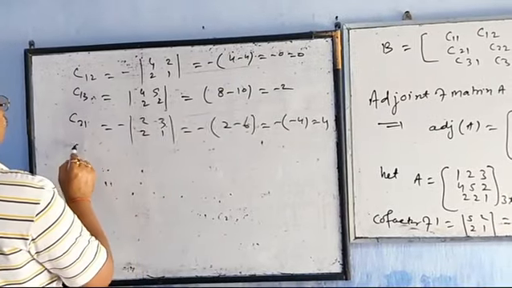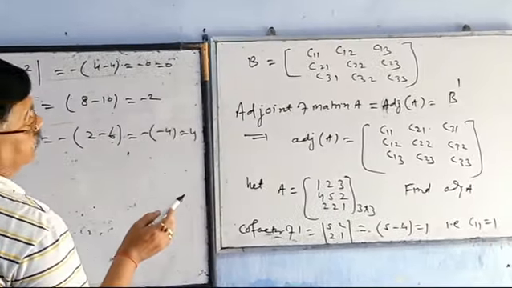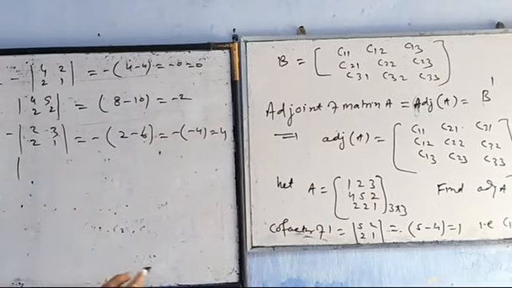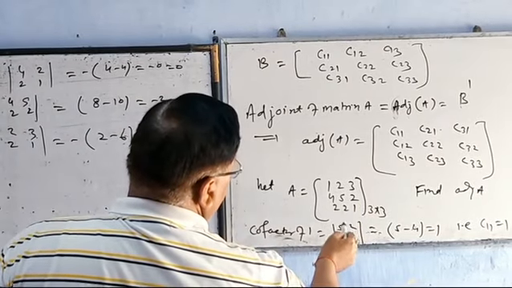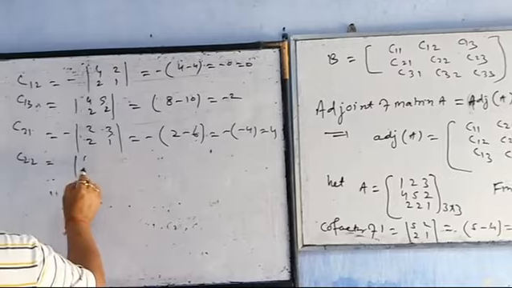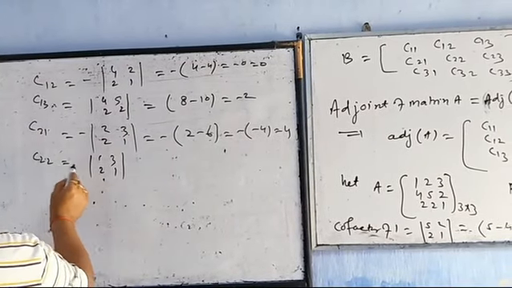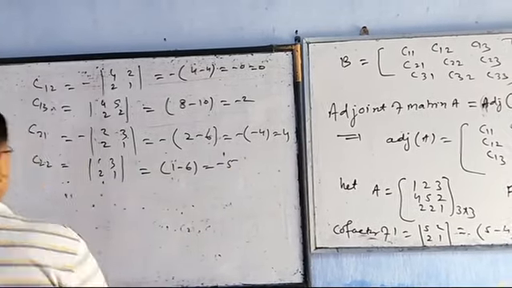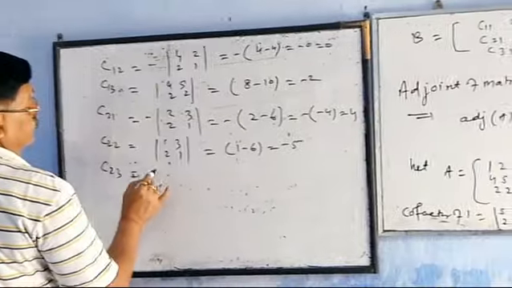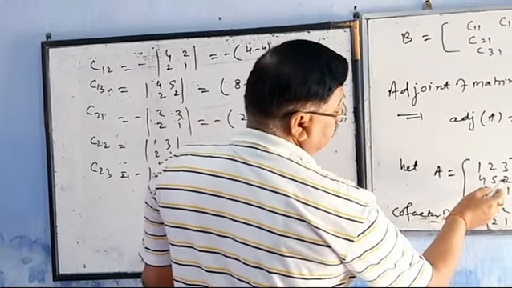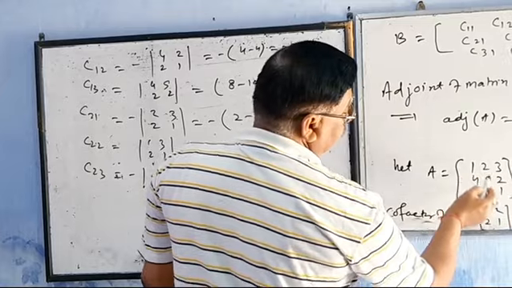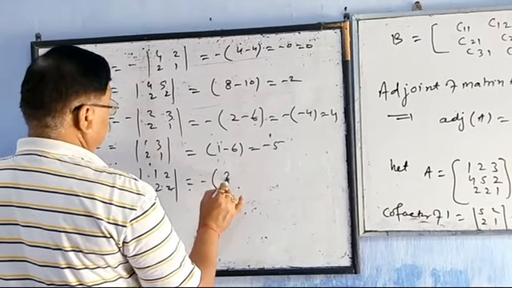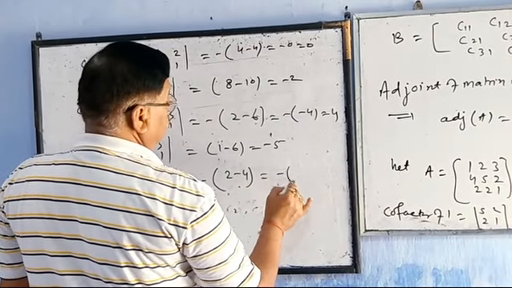C22, the cofactor of 5: deleting this row and column leaves 1, 3, 2, 1. Here it is even, so positive sign: 1 minus 6, which is minus 5. C23: deleting this row and column leaves 1, 2, 2, 2, so minus (2 minus 4), which is minus minus 2, that is 2.